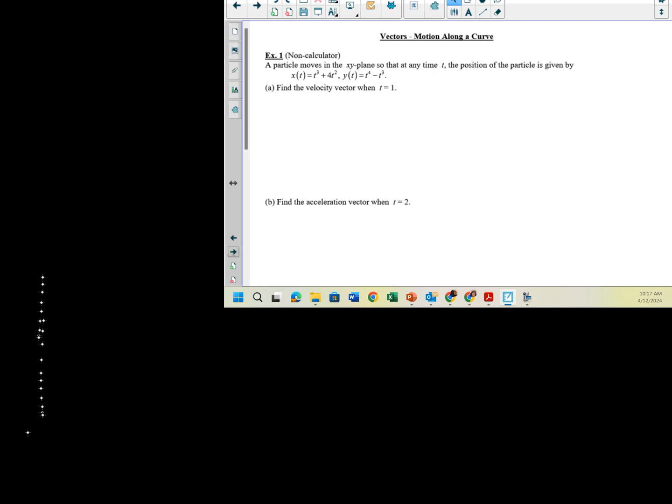All right. First one. Find me the velocity vector for this vector when t equals 1. X of t equals t cubed minus 4t squared. Y of t equals t to the 4th minus t cubed. Go.